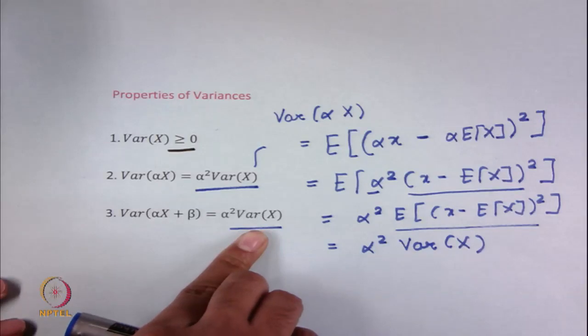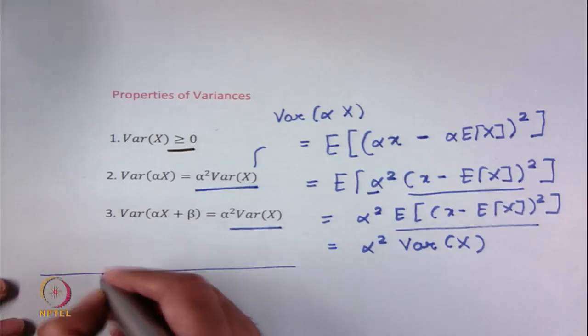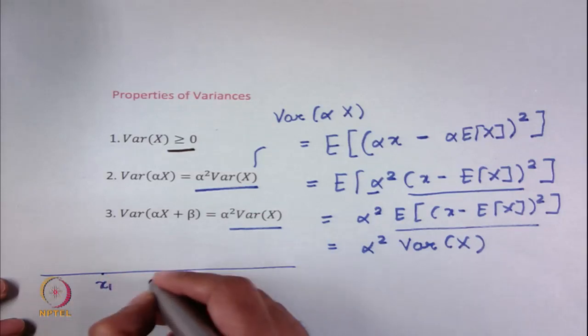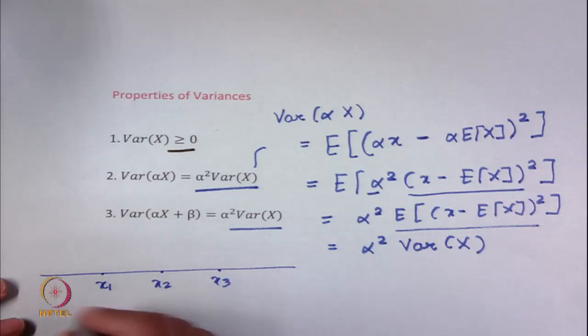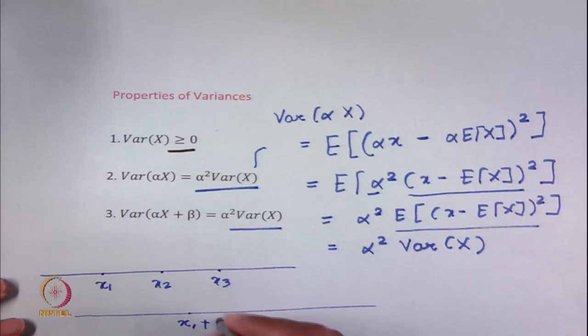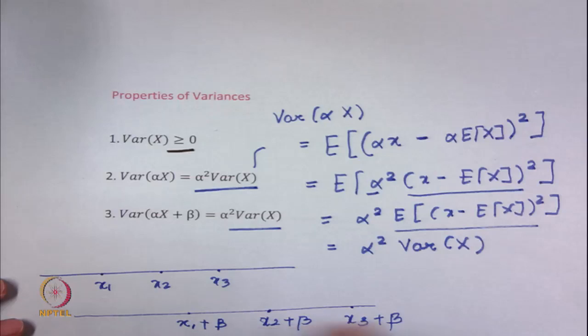And why is this? Because when we are adding a constant, what is happening to the random variable? You had some numerical values. When you add a constant, these numerical values shift by beta, but the distance of these values from the mean will not change.